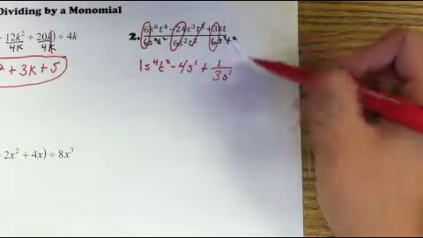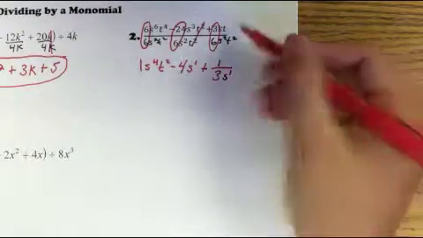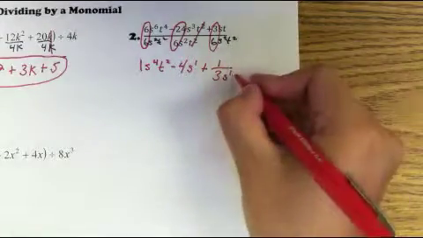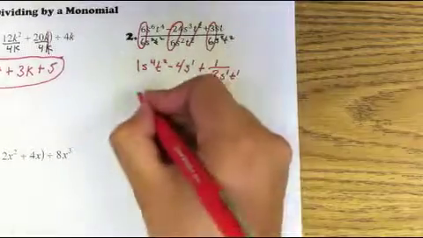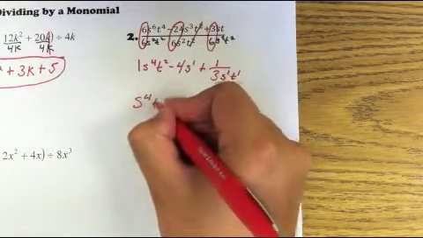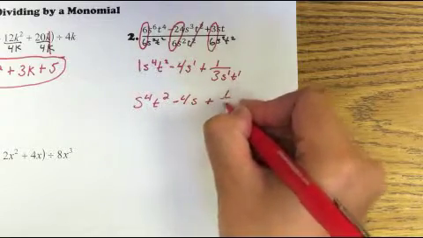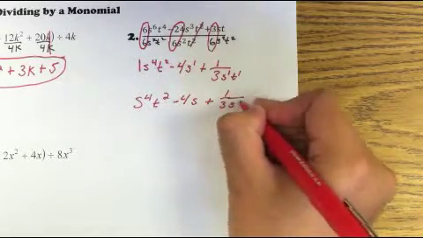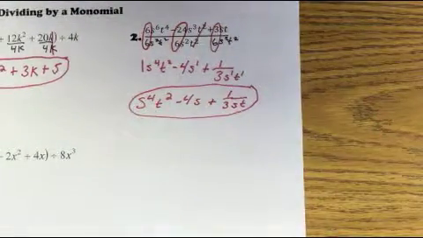T to the first power divided by T to the second power leaves me with T to the negative 1 again. But since the larger exponent is at the bottom, T to the first power is positive right there. I clean it up, it should look like this. All I did was take away the ones that I did not need.